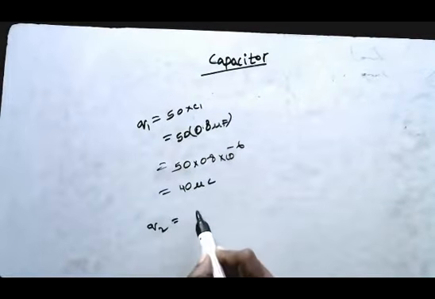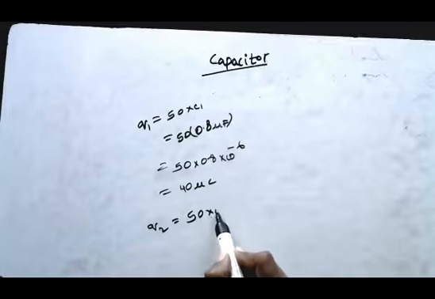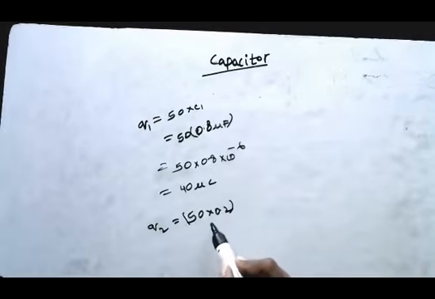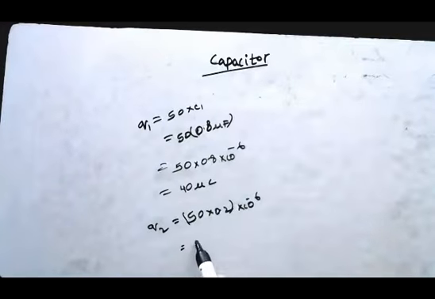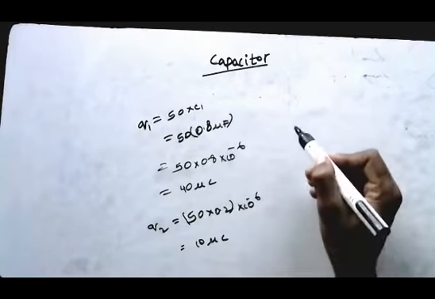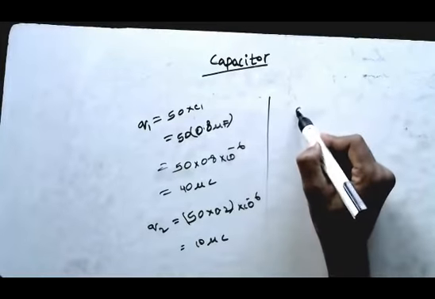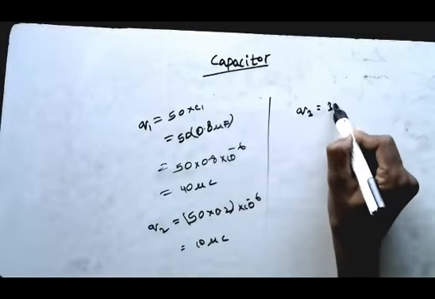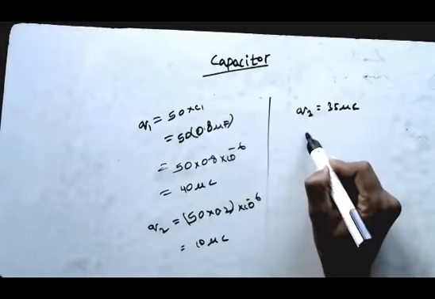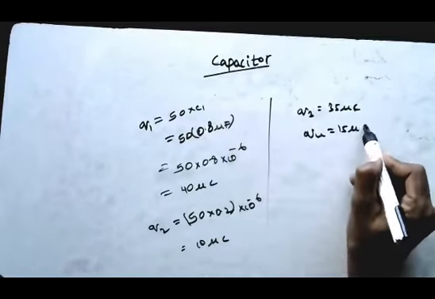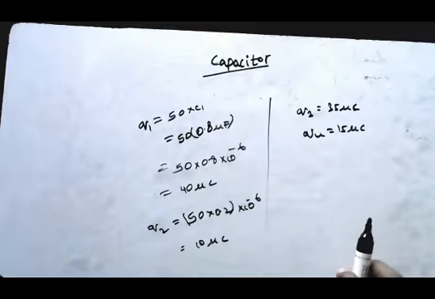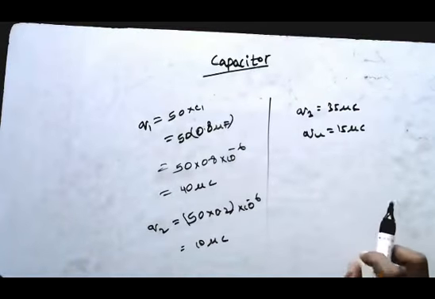Q2 is equal to 50 into 0.2 into 10 power of minus 6, that is 10 microcoulomb. Similarly, Q3 is equal to 35 microcoulomb, and Q4 is equal to 15 microcoulomb. Next, third question.